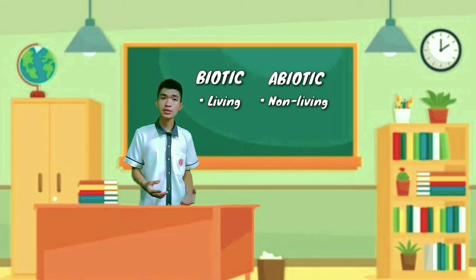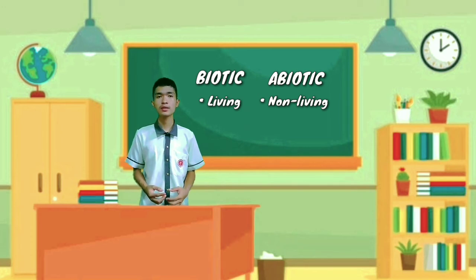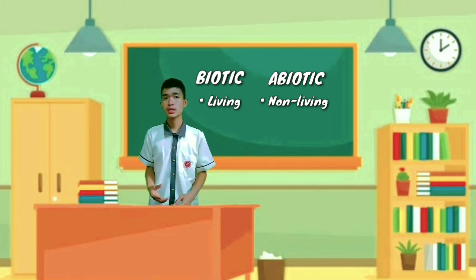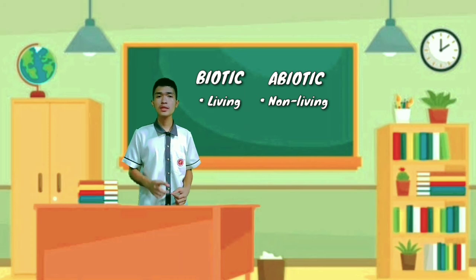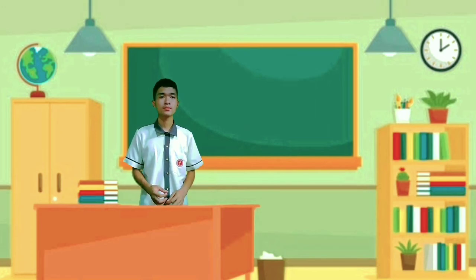The abiotic factors are those that are lifeless or non-living. These two components are essential to our environment because they balance the ecosystem. If one of these is being altered or destroyed, there will be a change or the ecosystem will be unbalanced.